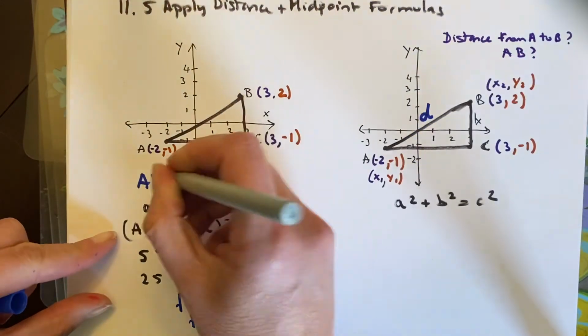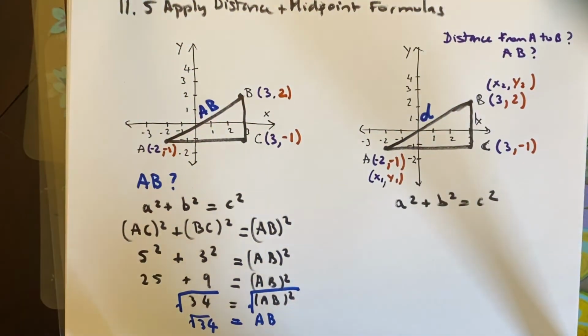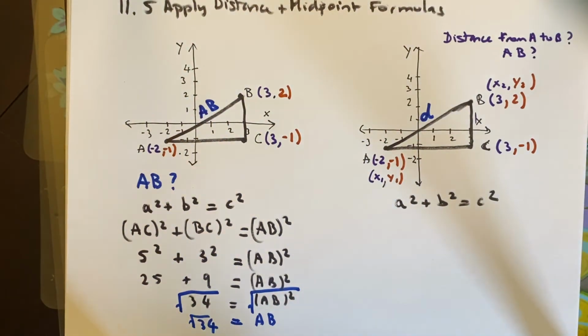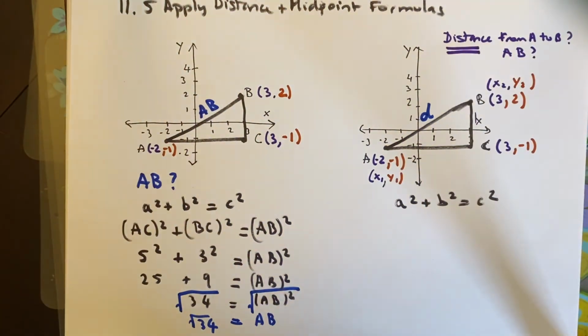Instead of calling it AB like I did here, I'm just going to call that D because I want to know what is the distance from A to B. Well, can I use my points, my ordered pairs, to help me find that solution?